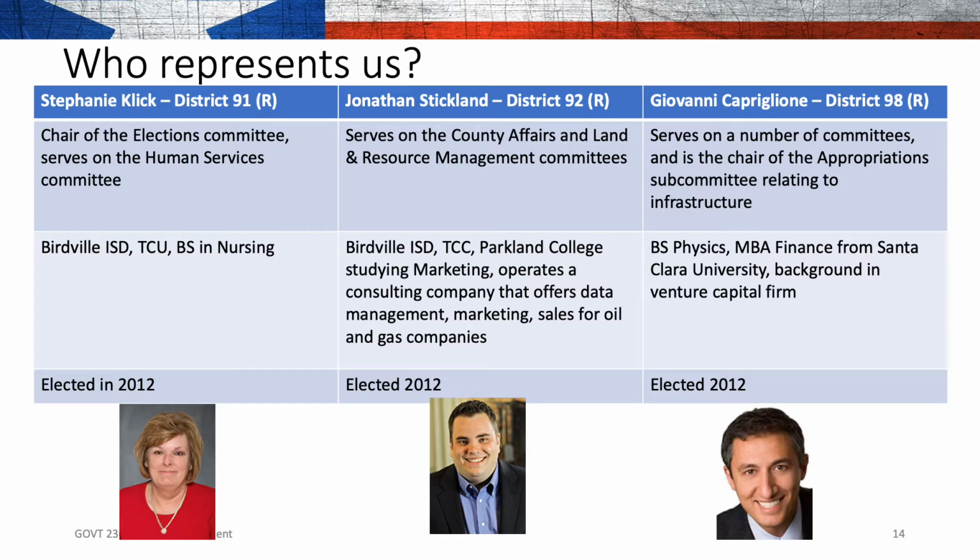He has a Bachelor of Science degree in physics and an MBA in finance from Santa Clara University, and his background is in a venture capital firm, so he's a businessman. All of these people, you can see, are educated, and they're also white, with 2 of them males and 1 female.